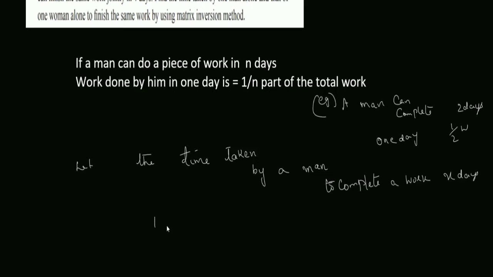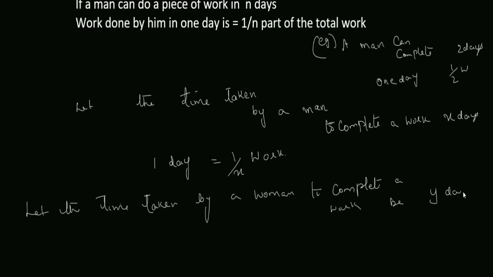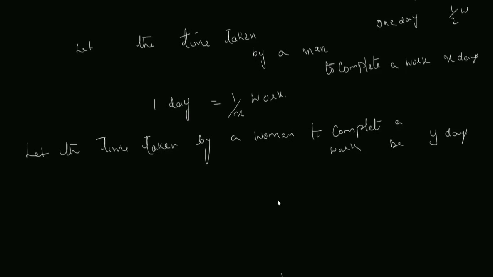So in 1 day, how much work he will do? He will complete 1 by x of the work, isn't it? So now similarly, let the time taken by woman to complete a work be y days. So in 1 day, a woman can complete how much work? 1 by y.